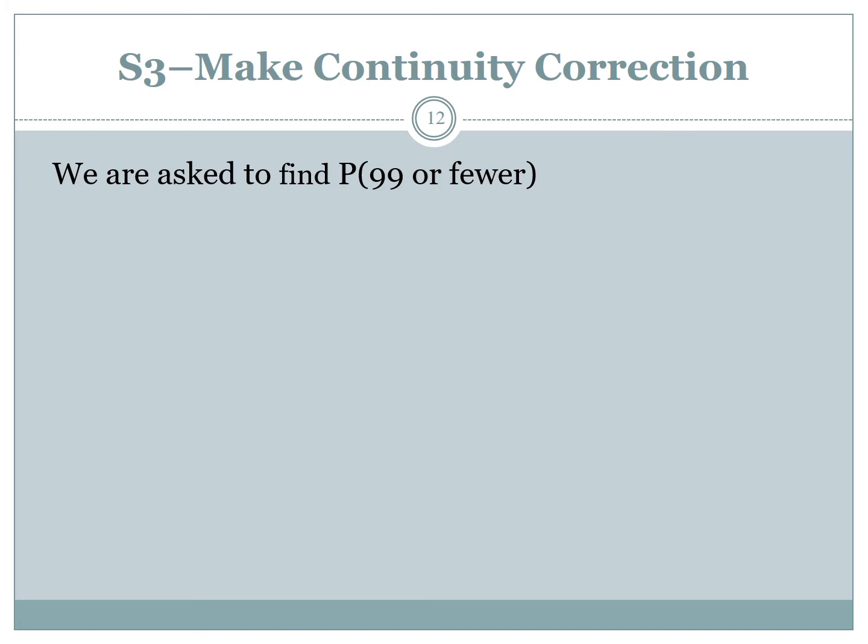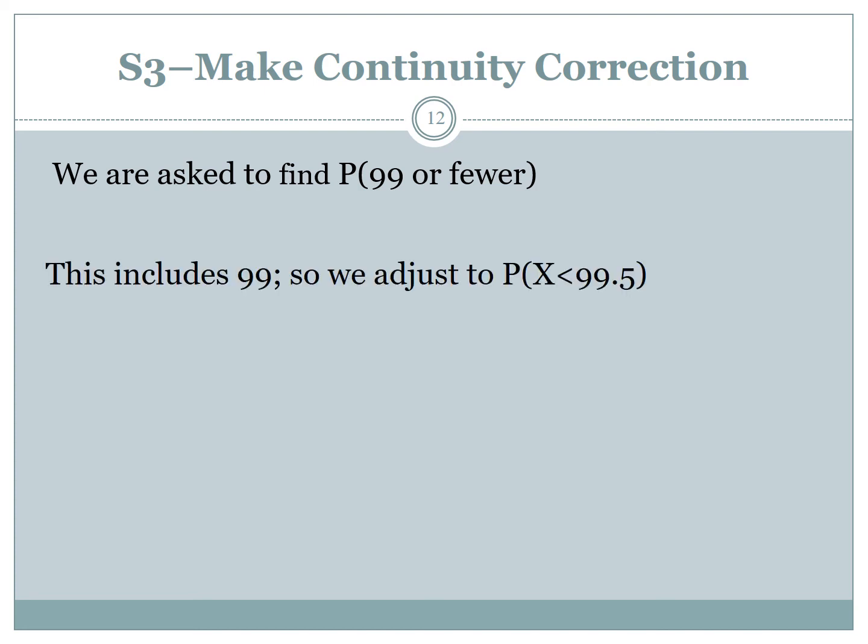We are asked to find the probability that x is 99 or less. So this includes 99. So we adjust it to the probability of x less than 99.5.